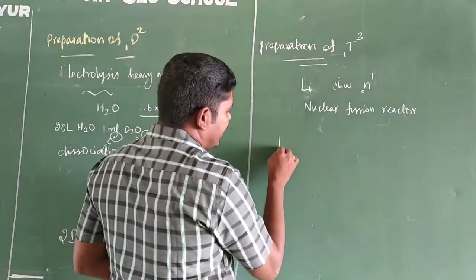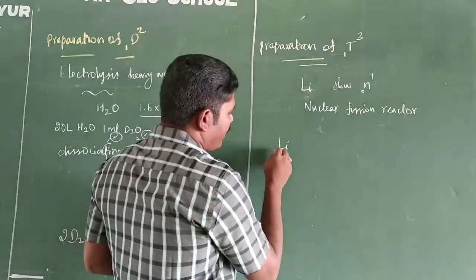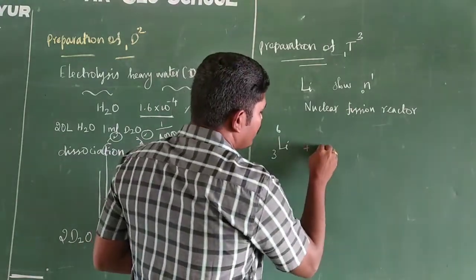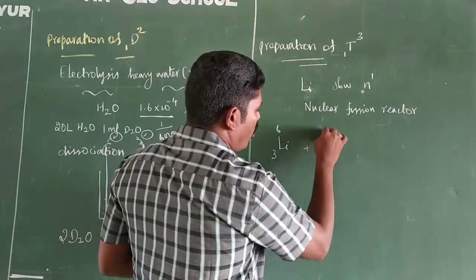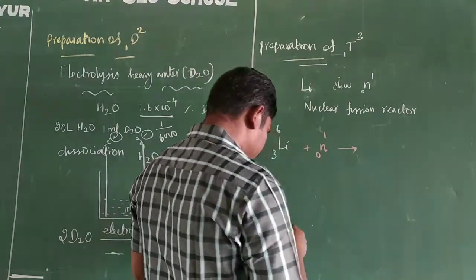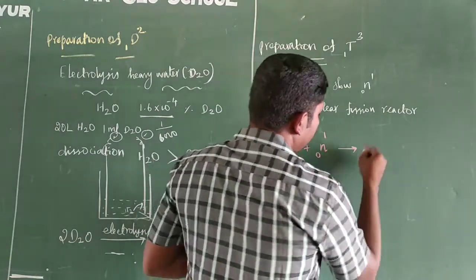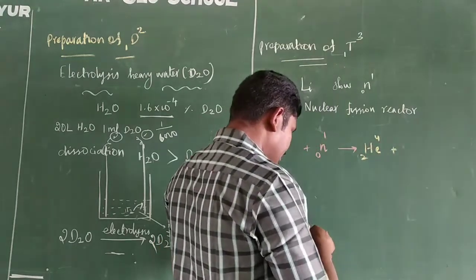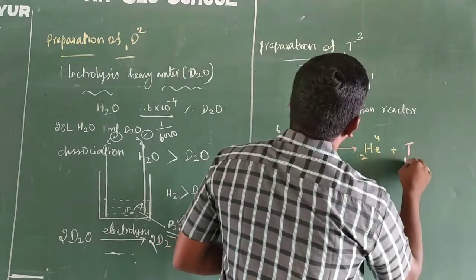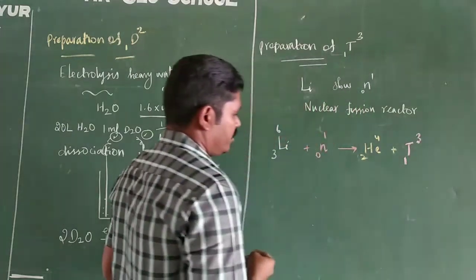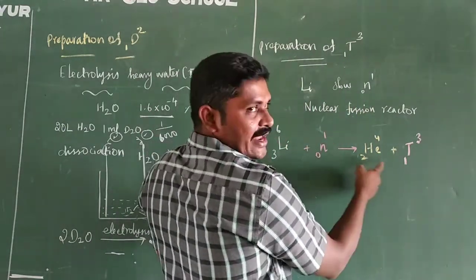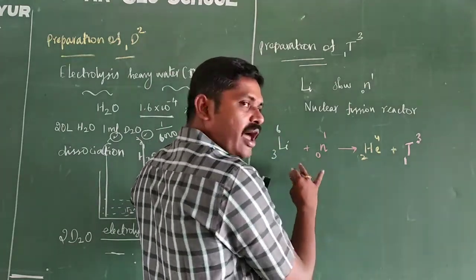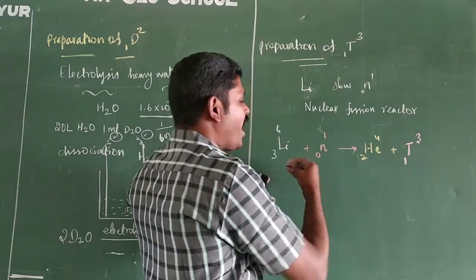Right? So lithium 3,6 bombarded with neutron 0,1 gives helium 2,4 plus tritium 3,1. Right? So in nuclear reactions, both sides balance the atomic number and mass number.